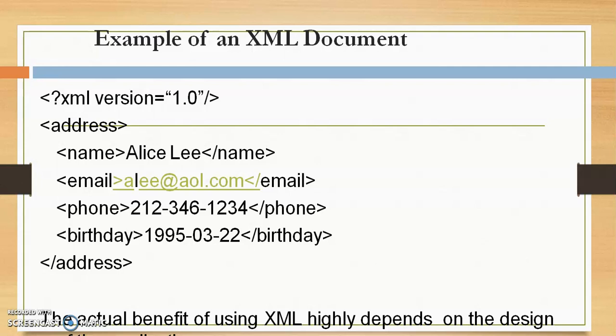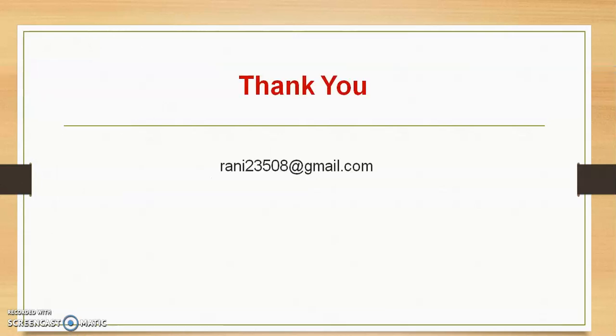Inside this are name, email, phone and birthday. All these tags are the subtags or subelements of the address tag. We can say it like that. So the actual benefit of using XML highly depends on the design of the application. Thank you.